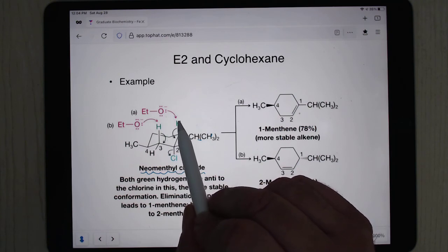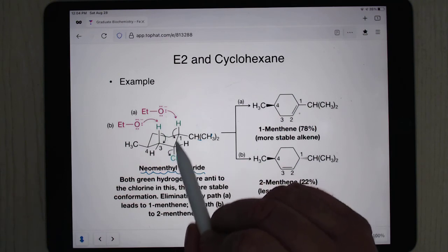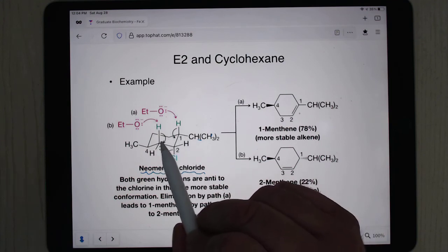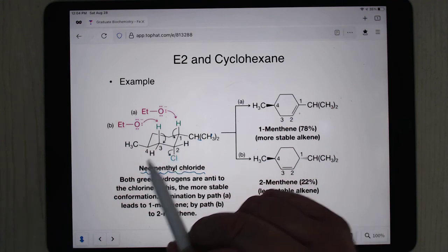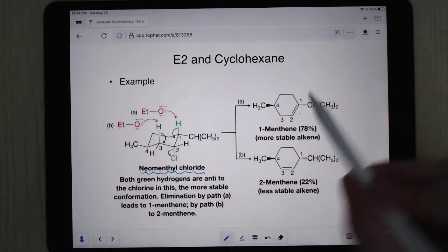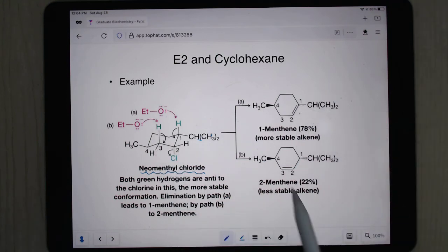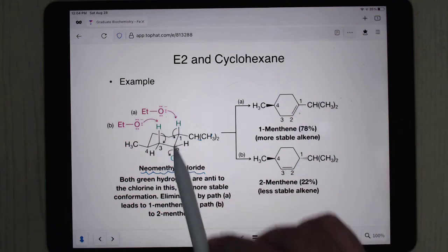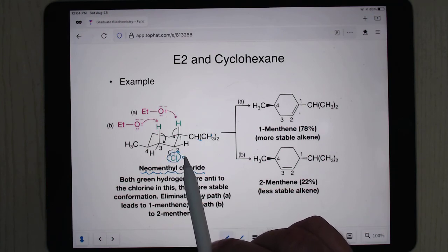So we can get it between carbon 1 and carbon 2 because there's an axial hydrogen here. Now, no matter what, on carbon 3, there's always going to be an axial hydrogen. So we're going to form both products, between 1 and 2 and 2 and 3, because they both have axial hydrogens when the leaving group is axial.